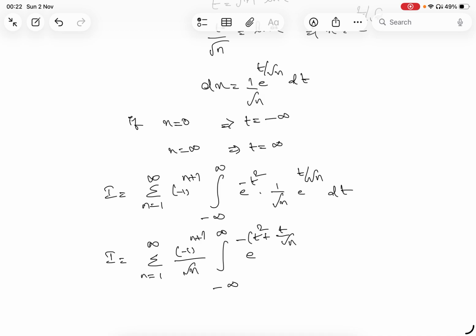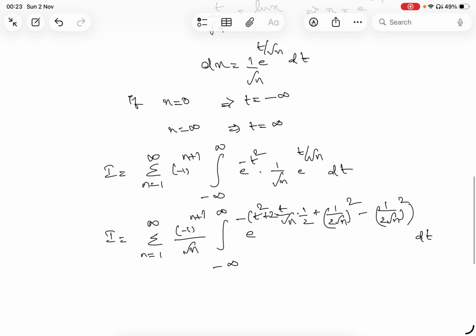So you can just add 2 into divide 2, right? Then you need to add minus 1 by 2 root n whole square into dt.